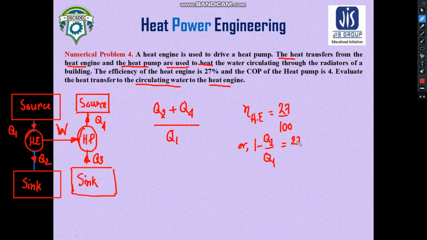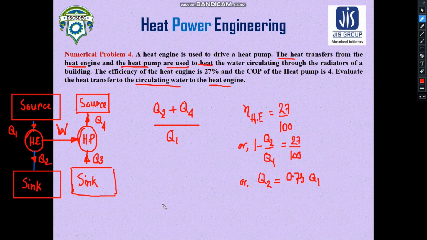Okay, so 27 by 100. And now you can easily see that Q2 by Q1 will be 73 by 100. So Q2 can be written as 0.73 Q1.